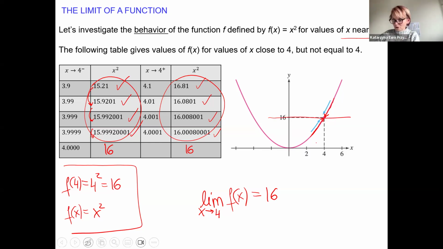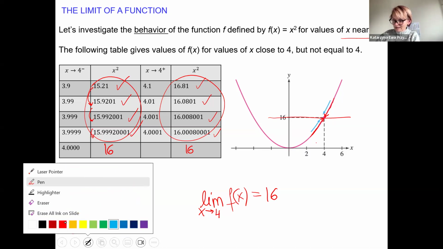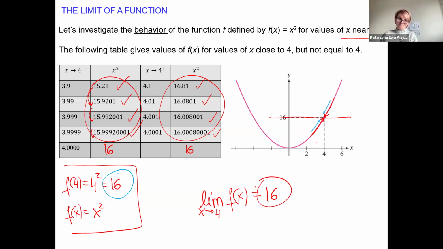But now we definitely have to know the difference between that 16 and this 16. The blue one is exactly the value. That means we are exactly on that point. The limit means that the function is approaching, but never on that. It's getting closer and closer, and the difference will be almost 0 as we get closer and closer to 4.